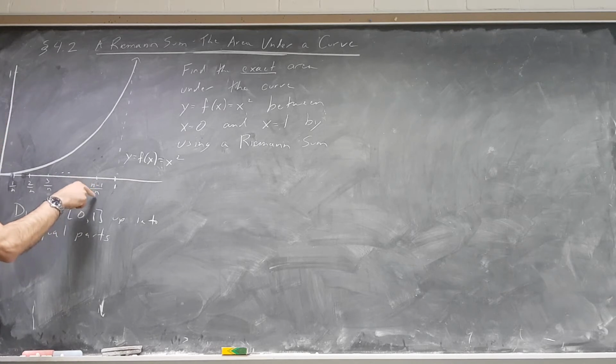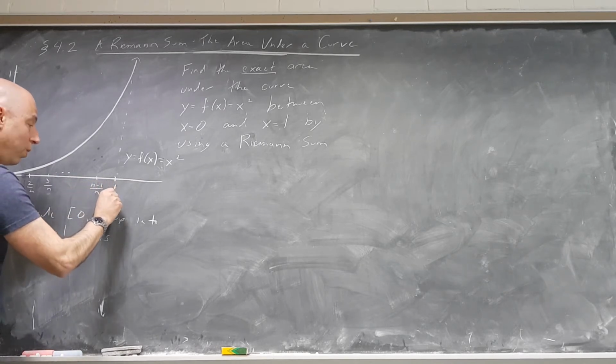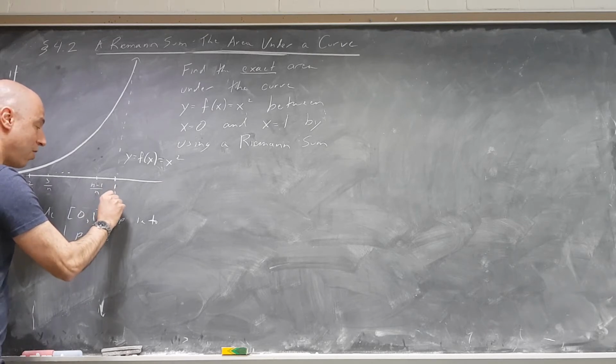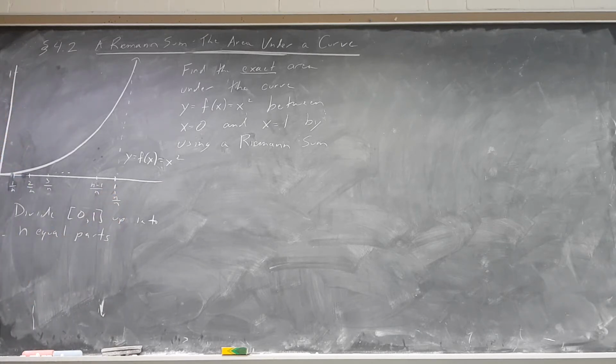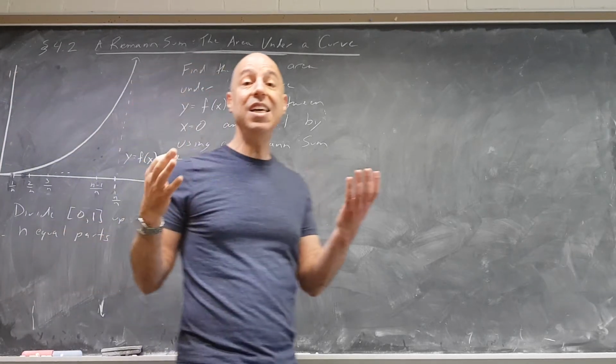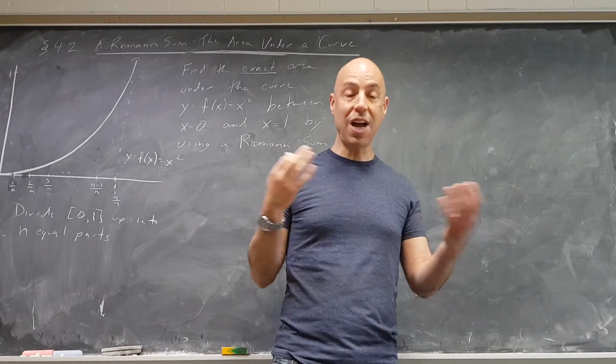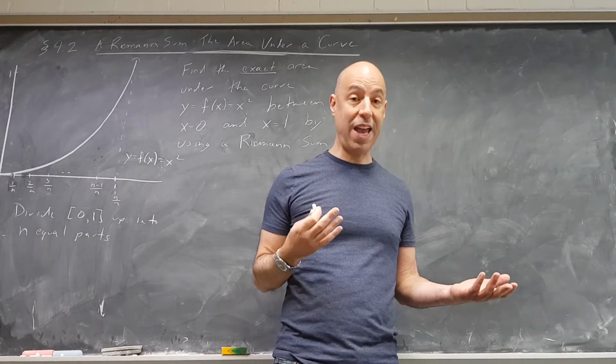Like if n was 10, that would be 9/10. And this last one, 1, is just n over n. So those are our dividing lines. Just like we had before, when we did this with n equals 4 equal parts, this time I'm not specifying what n is.